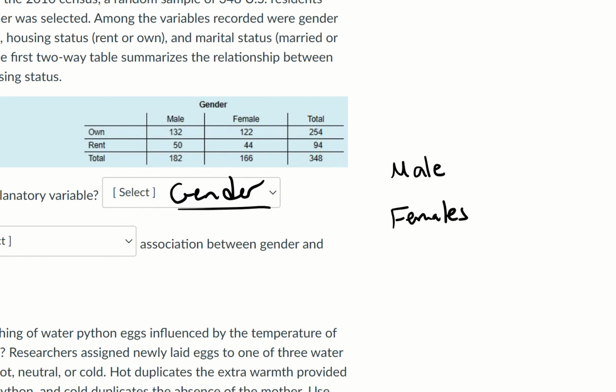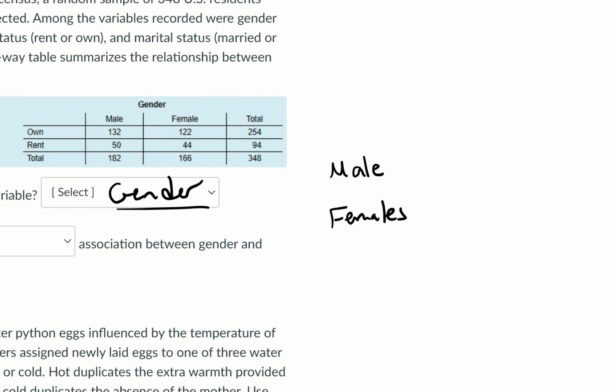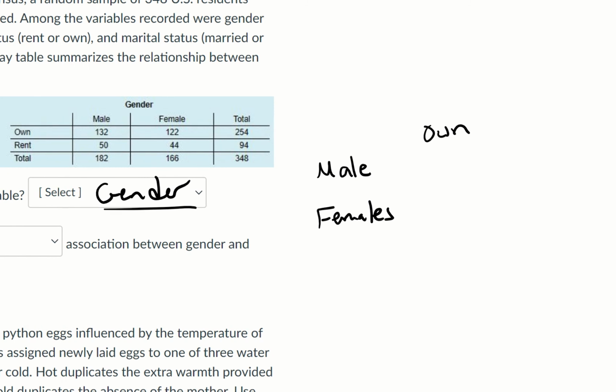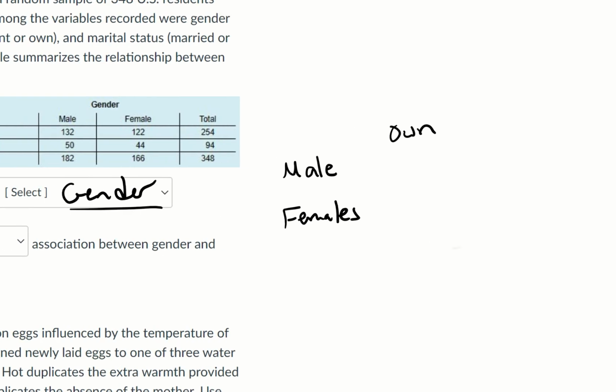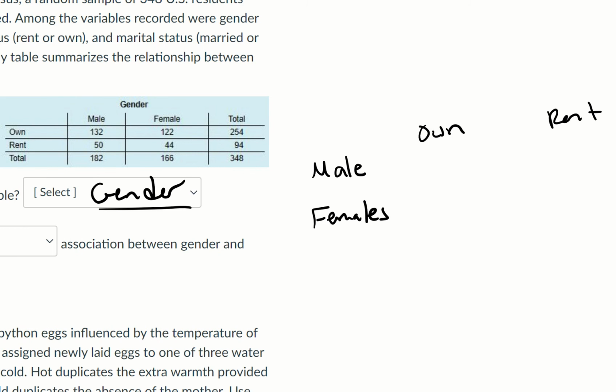And so we want to calculate percentages for the males that own versus the males that rent. Okay, and then same for the females. Okay, so we're going to calculate these two percentages. So how many males?